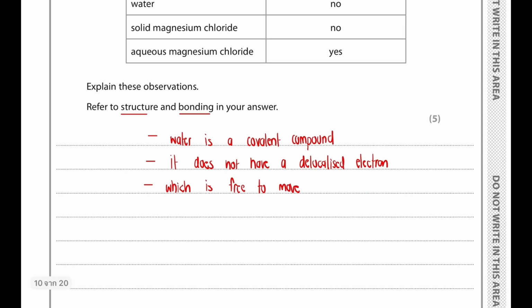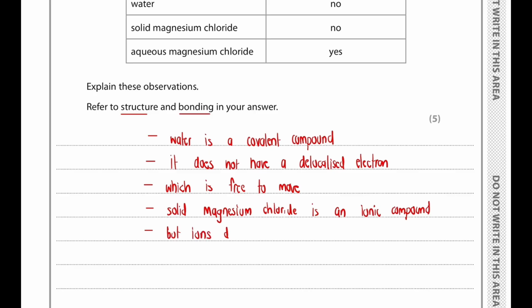For solid magnesium chloride, it is an ionic compound, but ions are not free to move.